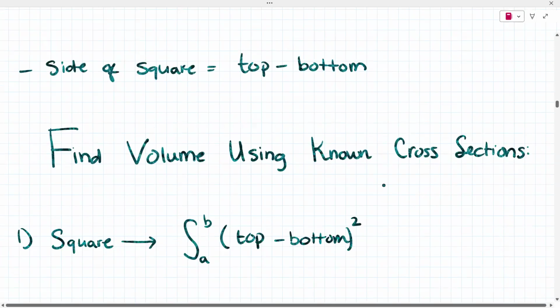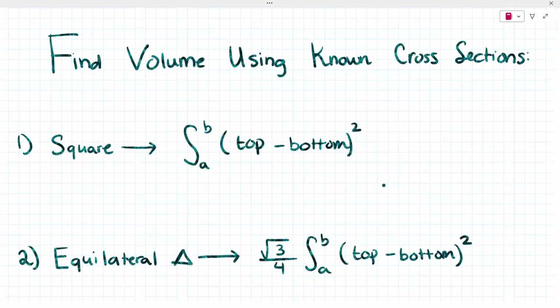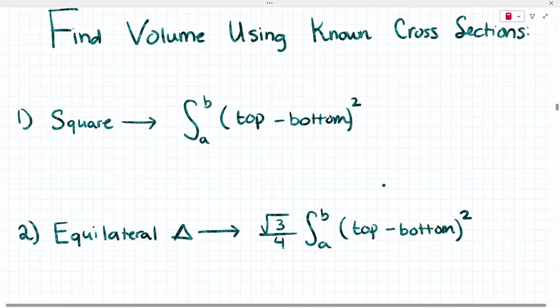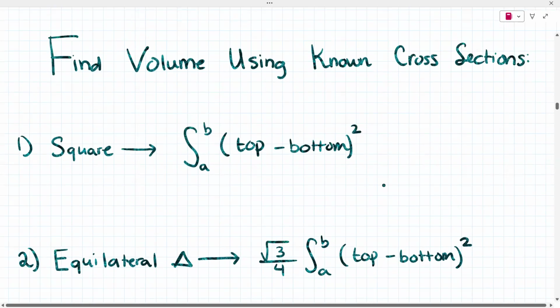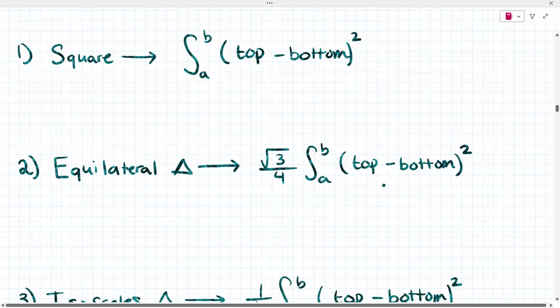Like I said before, you don't have to take squares. You can take other shapes. You could take an equilateral triangle. So let's talk about all the formulas. If you decide to take a square, it's the integral from a to b of top minus bottom squared. If you decide to take an equilateral triangle, it is the square root of 3 over 4 times the integral from a to b of top minus bottom squared.